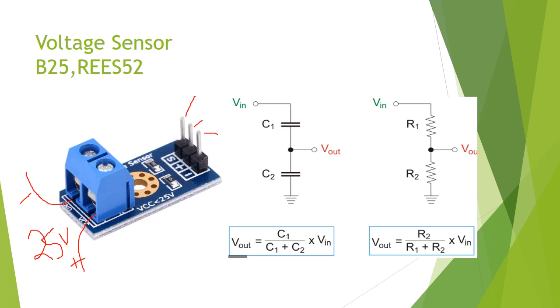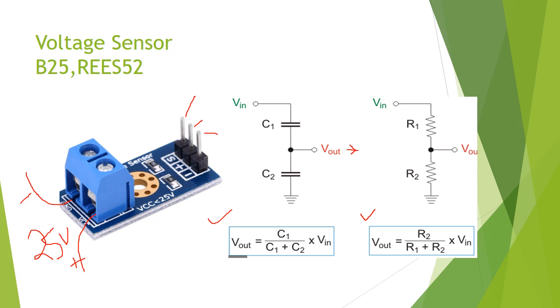Now next is how we can measure it. This is measured by using these two favorite equations of electrical engineering. This is nothing but your voltage division rule. Whatever your input voltage is here, you can change it into a low output voltage for the measurement.